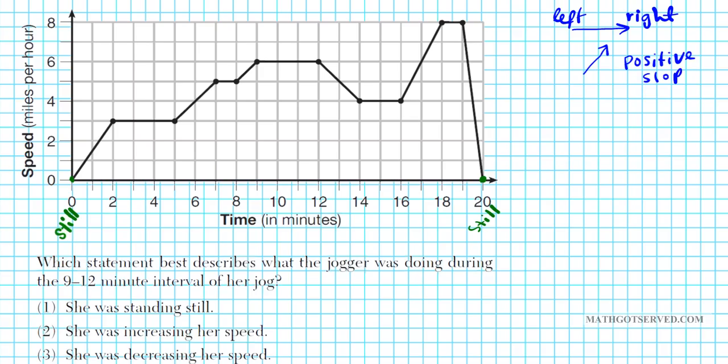It's like you're going uphill. From left to right, if a line is horizontal, that's zero slope. That means you're neither positive nor negative. Okay, so we'll call this positive. And then from left to right, if you're going down, what is that? That is a negative slope.